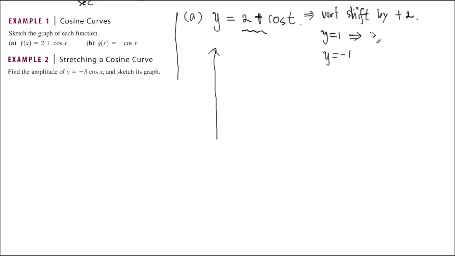So what's going to happen to that? This one becomes 3. And this one here, positive 1. Negative 1, you add 2, it becomes a positive 1. So you're going to put these 2 dotted lines at 3 and 1, and you're going to draw a cosine graph through there. That's how you're going to sketch this one.